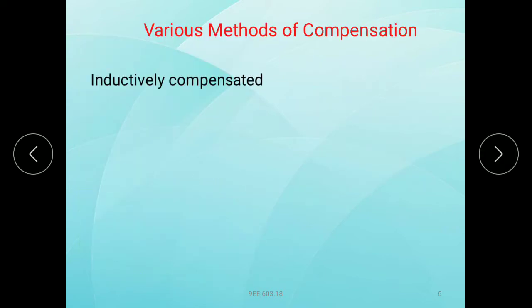So now various methods of compensation. Previously conductively, and then inductively compensated.